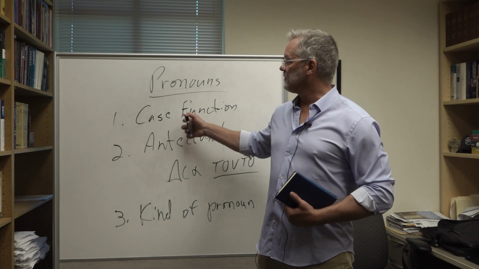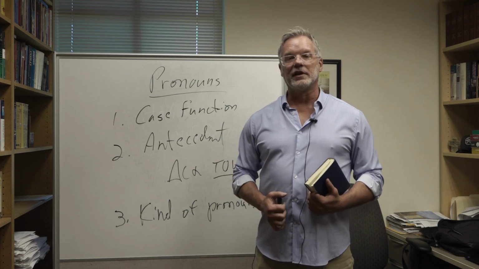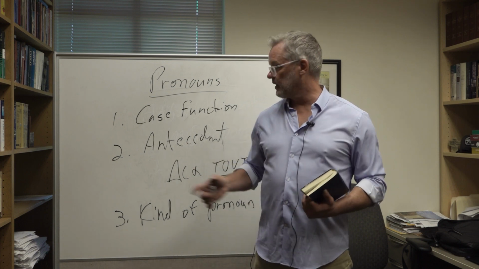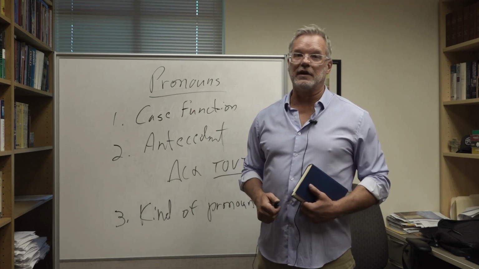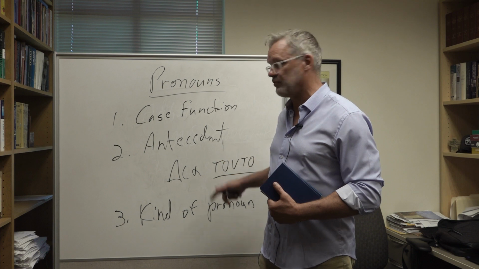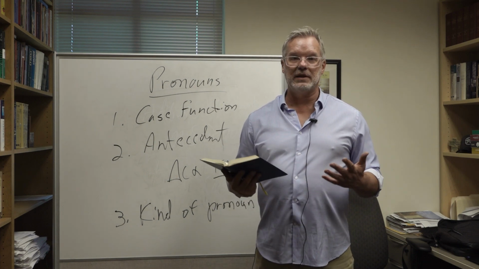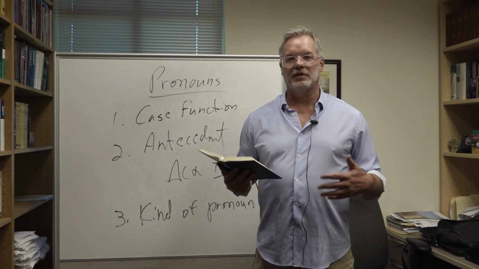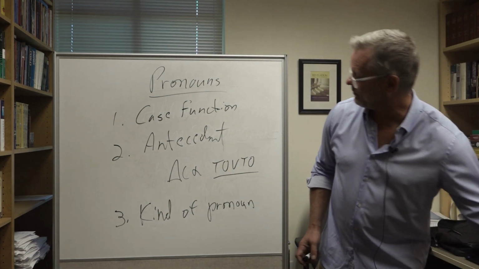And then move on to what's its case function, and then wrestling with what's the antecedent, which again sometimes is really easy and may not be overly significant. At other times, like dia tuta in Romans 5:12, it may be more tricky to figure out and could be more significant and more important.